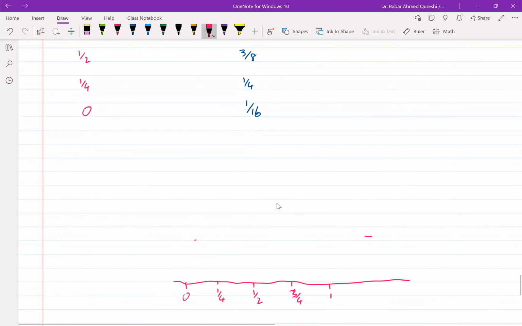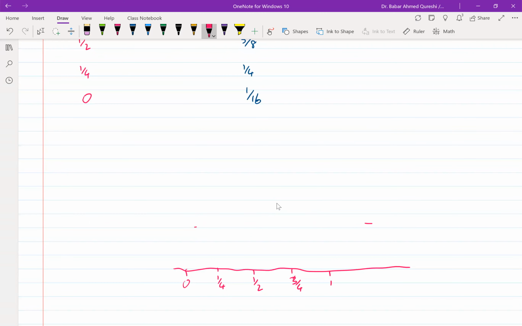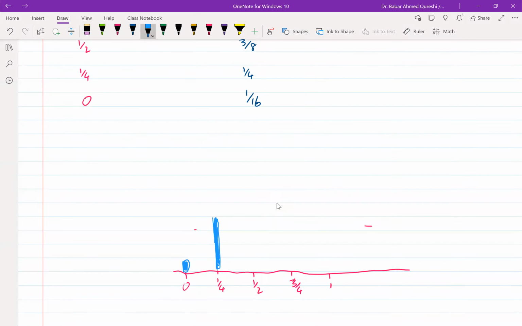So 0 has a certain probability, which is 1 by 16. 1 by 4 is 4 times as likely because it's 4 by 16. This is its probability distribution.